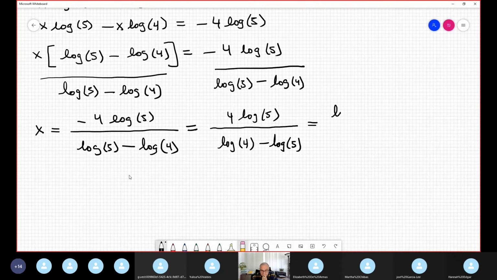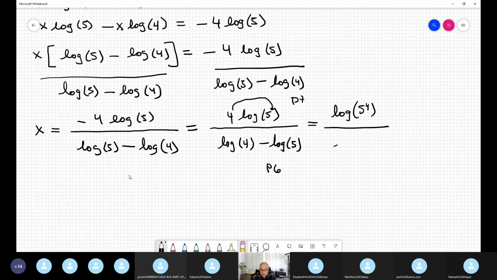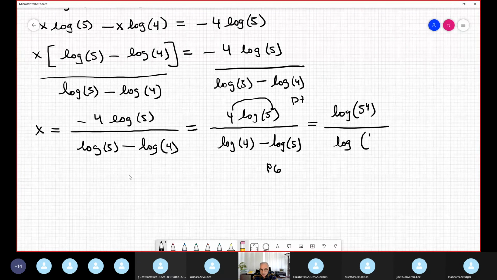This is logarithm of 5 to the 4th power. You apply property 7, which allows this factor to go as an exponent. And here you apply property number 6, in which you condense this and get only one logarithm of 4/5. Remember, the positive I put on top, and the negative on the bottom.